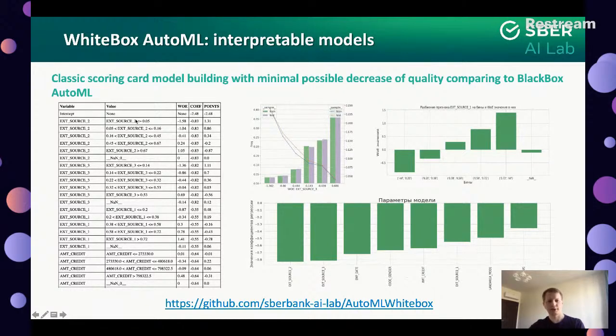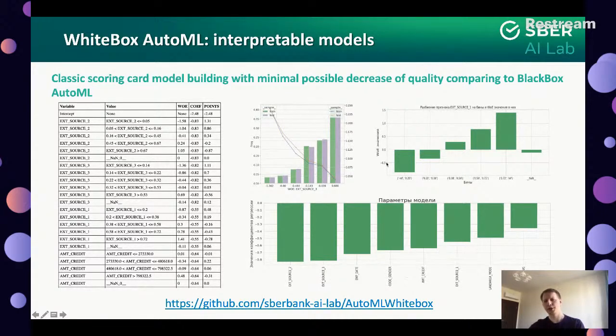And the theory behind this scoring card is a logistic regression model built on weight of evidence decomposition of the features. So we create something like bins. For example, here you have the ext source 1 feature, and it has bins: the first one from minus infinity up to 0.2, the second bin from 0.2 to 0.38, and so on.